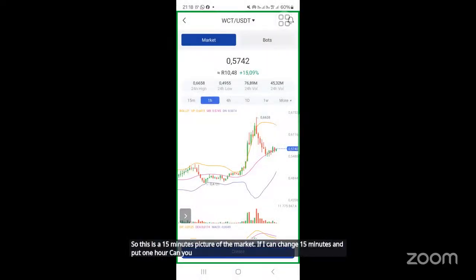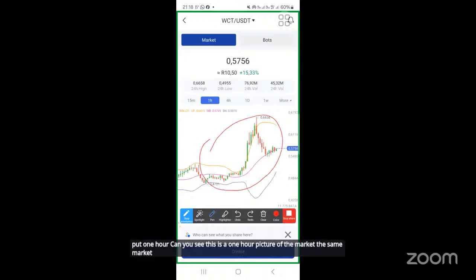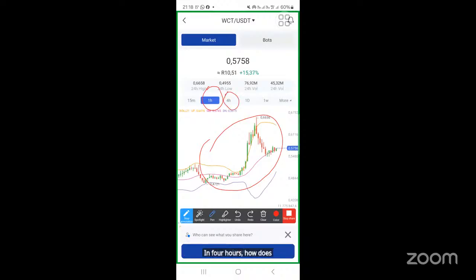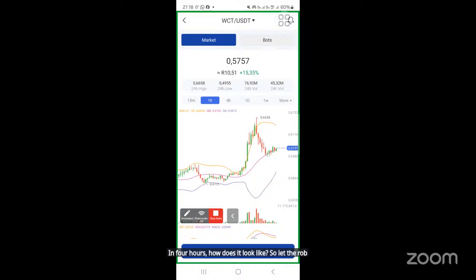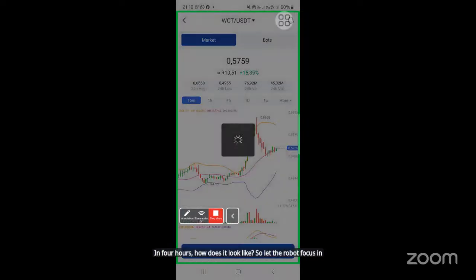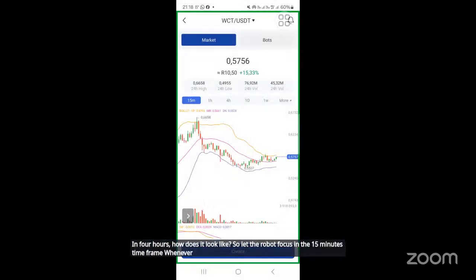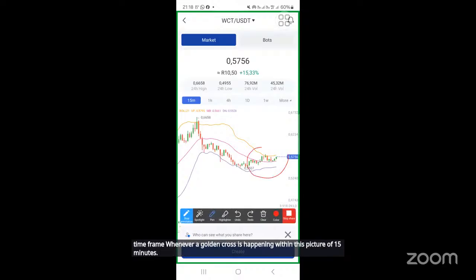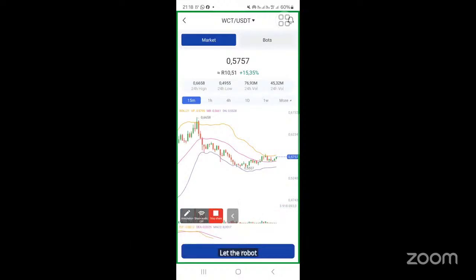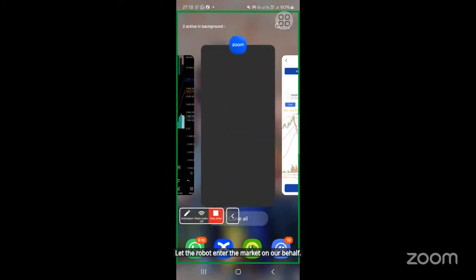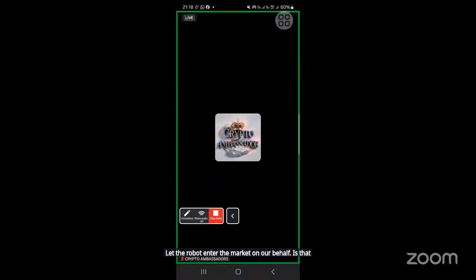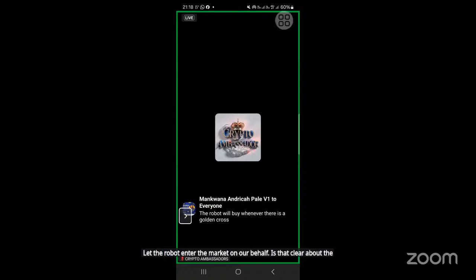This is a 1-hour picture of the market, the same market, but in 1 hour, how does it look like? In 4 hours, how does it look like? So let the robot focus in the 15 minutes time frame. Whenever a golden cross is happening within this picture of 15 minutes, let the robot enter the market on our behalf. Is that clear about the 15 minutes picture?